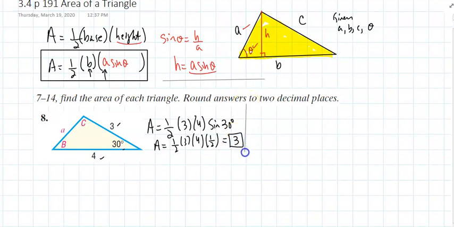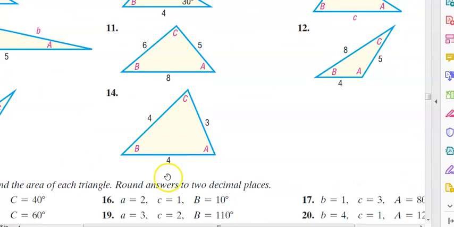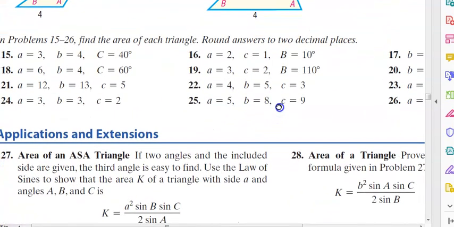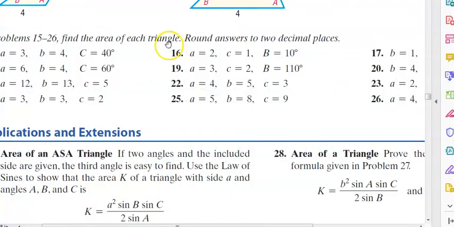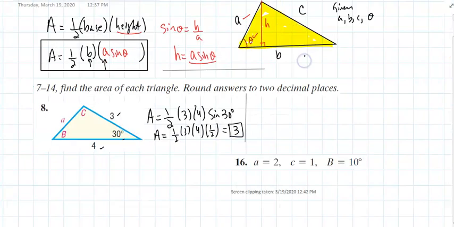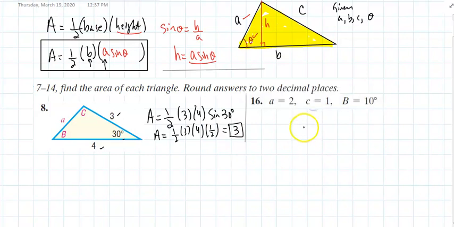If I pick another problem, number 16, in which I have to draw this myself, well, a rough graph, again, it doesn't have to be exact, not to scale. A rough sketch.